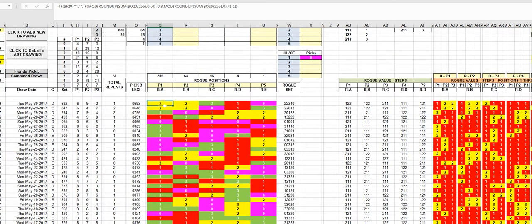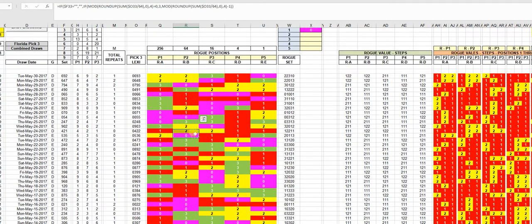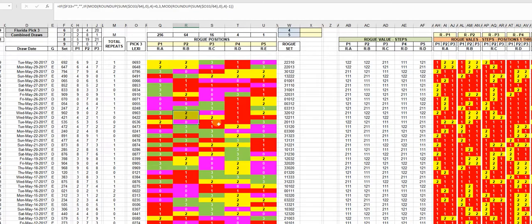I try to stay away from when they get back-to-back numbers like that, because it can follow again, as another 2. Unless you can see a pattern, like here, a 0 2 2 and a 3 followed.